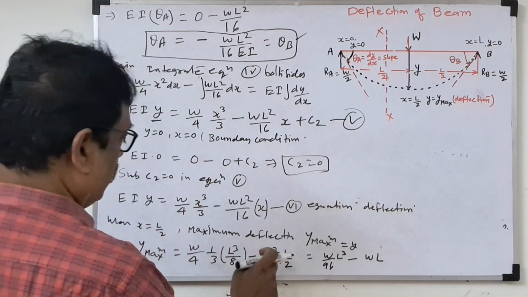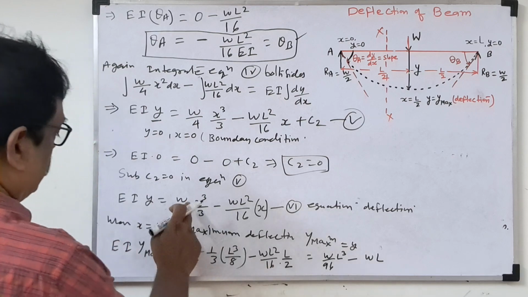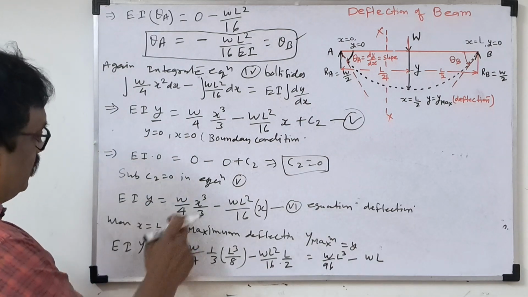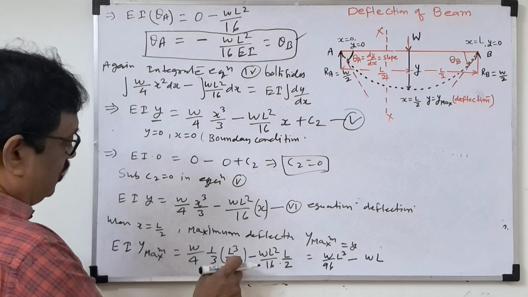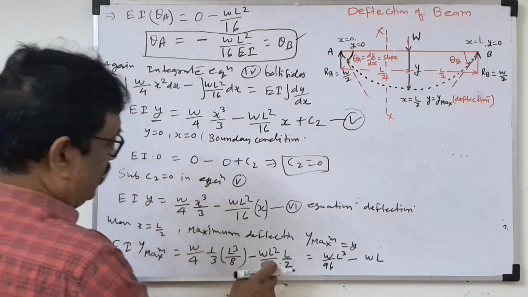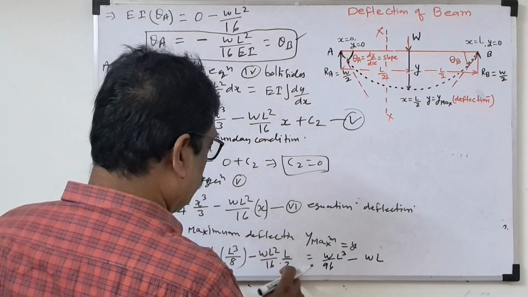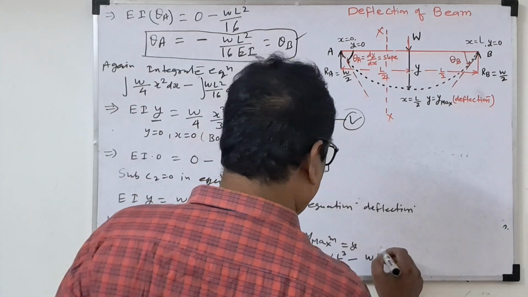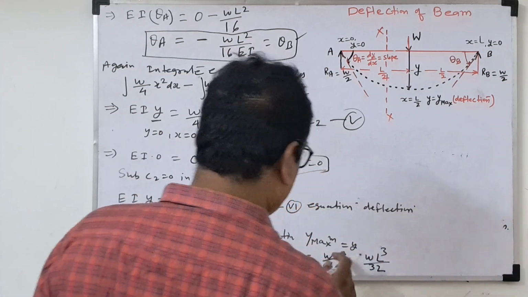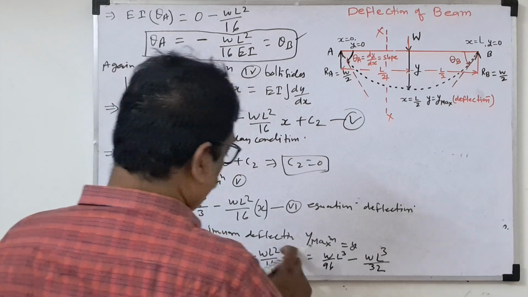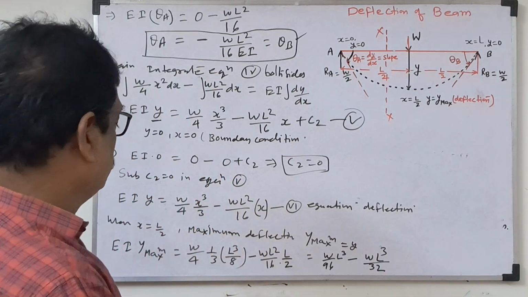This is wrong here. Check it again. Y maximum is W by 4, x cube is L cube by 8, into 1 by 3. Then WL square by 16, x equal to L by 2, so 32. WL cube by 32, because once L cube comes in here, L cube should come. L to the power 4 is something wrong, so this way you have to always check.